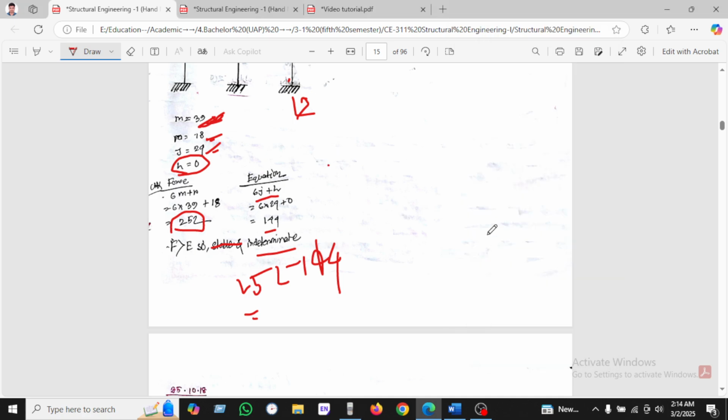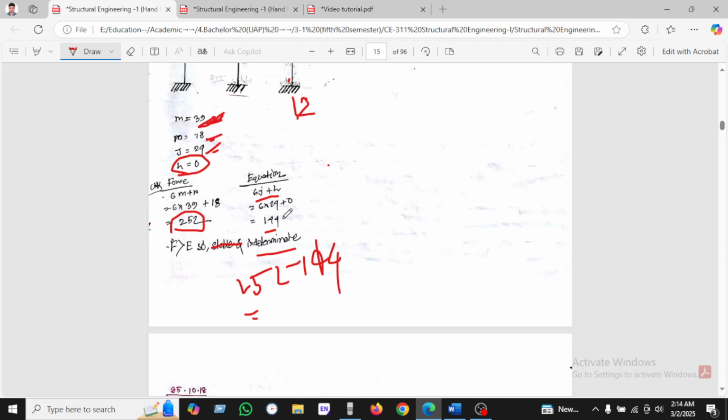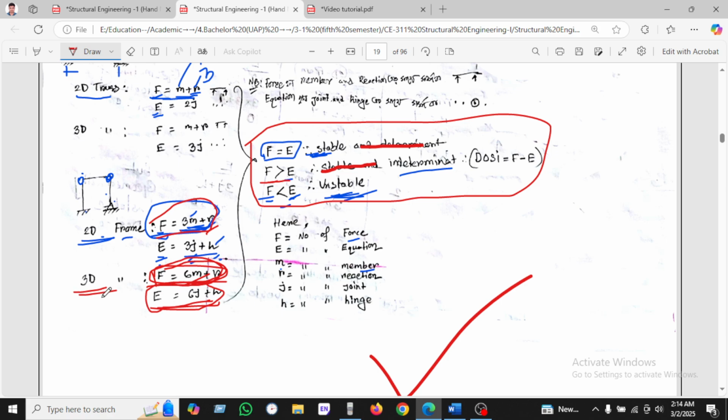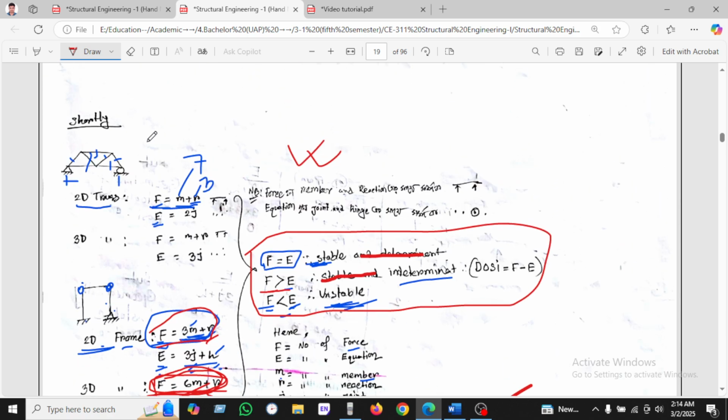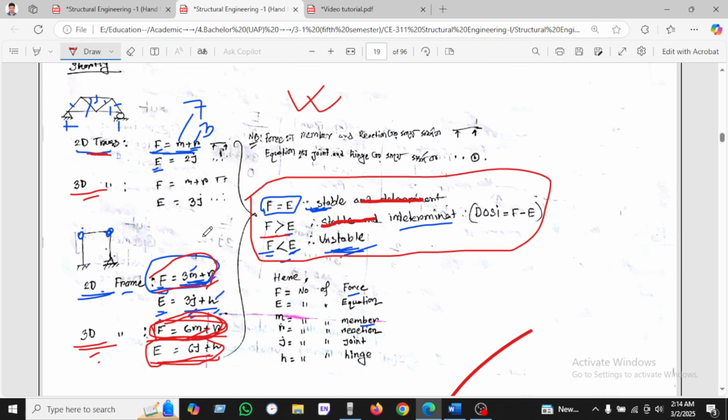So 108 is greater than 0. That's why we will use this condition. This is greater than 0, which is indeterminate. So in this way we can use this for a 2D frame. We can use it similarly for 2D truss and 3D truss, but you have to memorize this formula by any means.